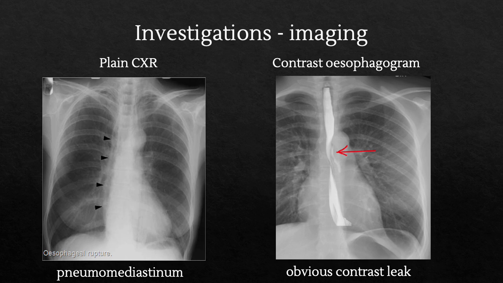Special investigations that you'll do is when you do a plain chest x-ray, it is quite difficult to visualize, but you can see that there is free air running just next to the mediastinum. But when you do a contrast esophagogram, you can actually nicely see the esophageal rupture.